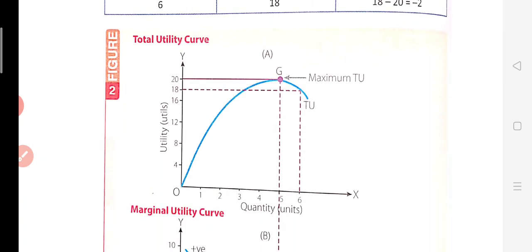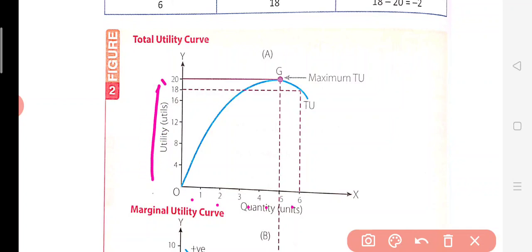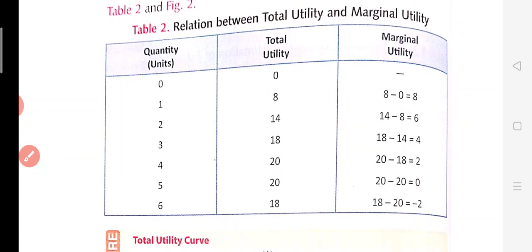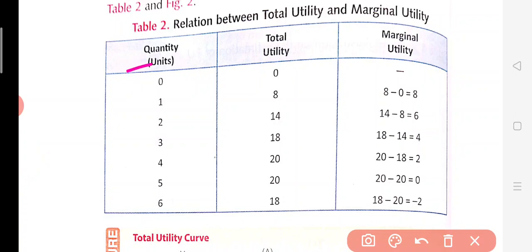On the x-axis you can write the units 1, 2, 3, 4, 5, 6 like that. And on the y-axis you can write the utilities. Which utility? The total utility. For the total utility diagram, you will have to take the units on the x-axis and the utility on the y-axis.